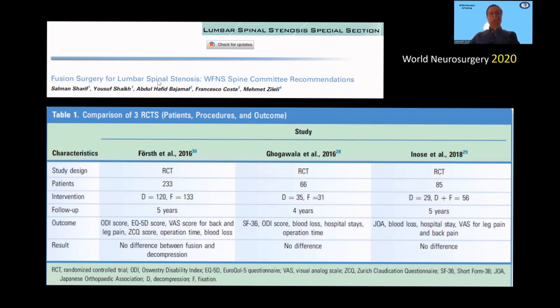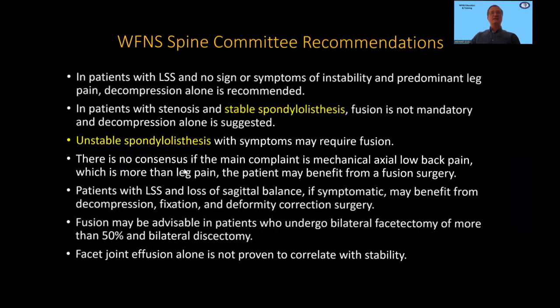Because of that, we also had a fusion or not paper after our consensus meeting, and there were mainly 3 nice studies, 3 RCTs, and these are spine committee recommendations. In patients with stenosis and stable spondylolisthesis, fusion is not mandatory and decompression alone is suggested.